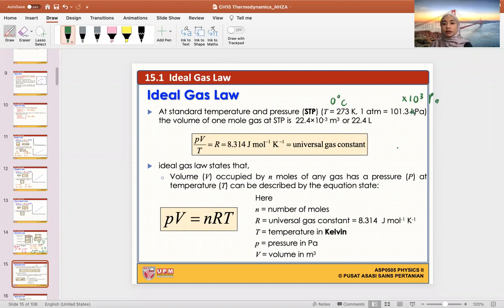Kalau buang K ni lah. 101.3 times 10 to the 3 Pascal, or yang korang biasa tengok 1.013 times 10 to the 5 Pascal. Sama je. Okay, so this is at 1 atm.